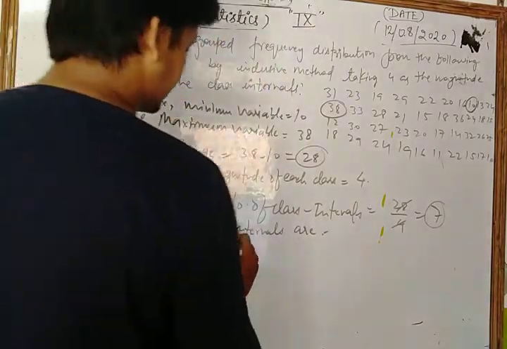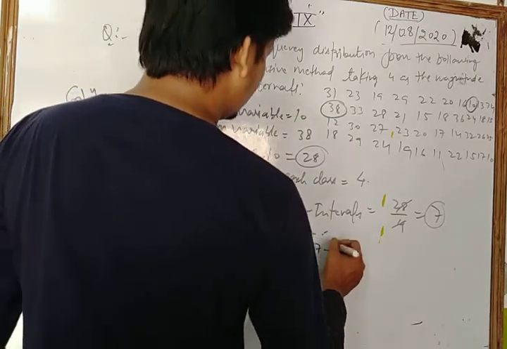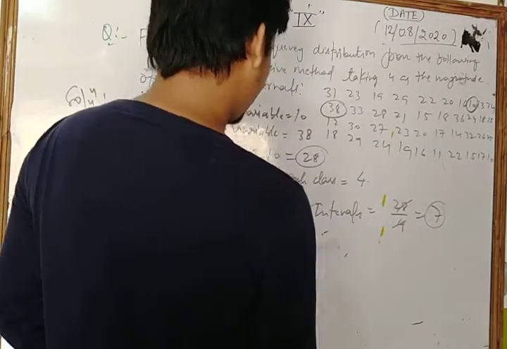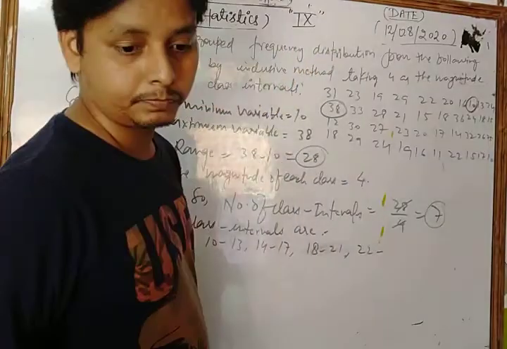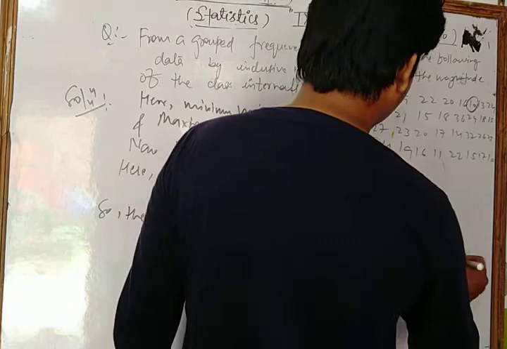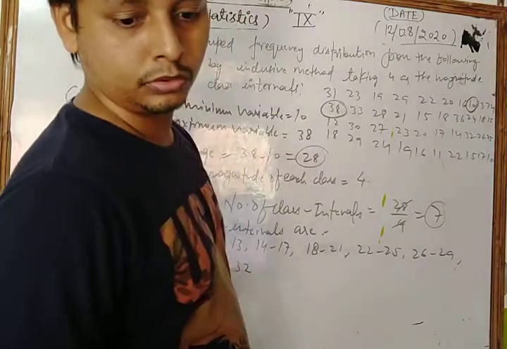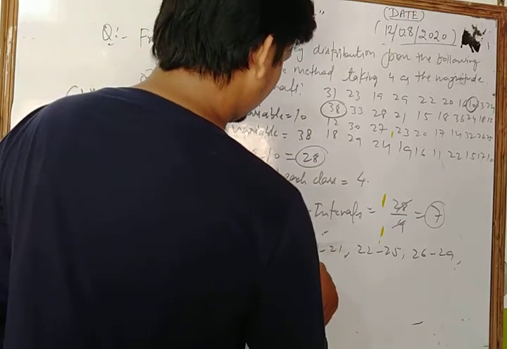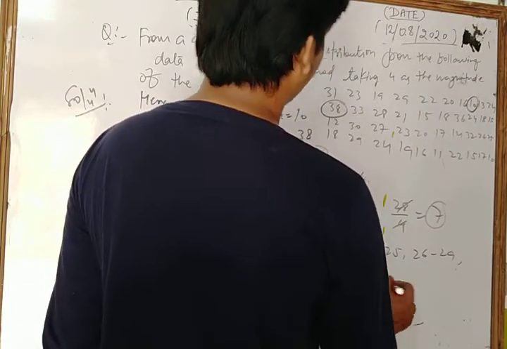So we write 10 to 13, 14 to 17, 18 to 21, 22 to 25, 26 to 29, 30 to 33, 34 to 37, and 38 to 41.